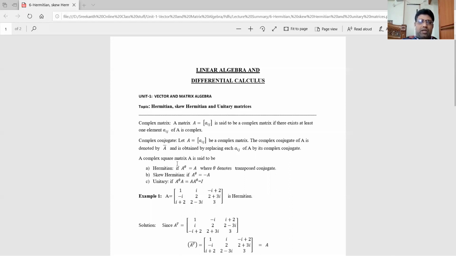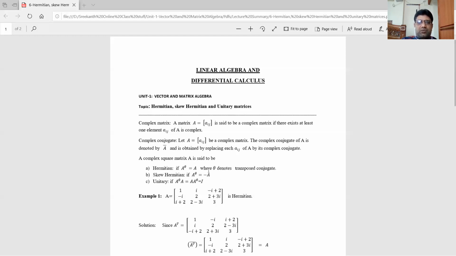Now coming to the definitions of Hermitian, skew Hermitian, and unitary matrices. A must be a complex square matrix, and it is said to be Hermitian whenever A power theta equals A. What this theta stands for is transposed conjugate.